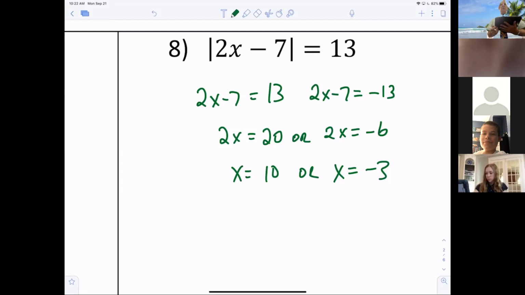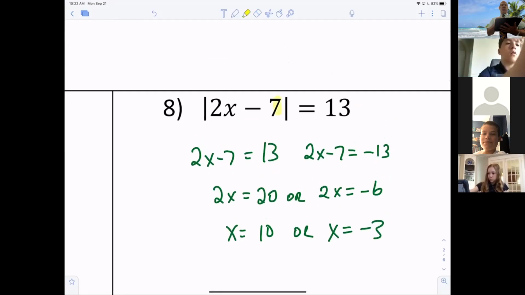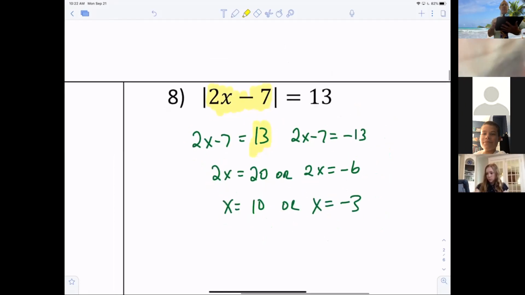If it's an absolute value, you have no idea what that means. The rule, Oscar, is to set what's inside the absolute value equal to 13 and set what's inside the absolute value equal to -13. Don't make up your own rules.